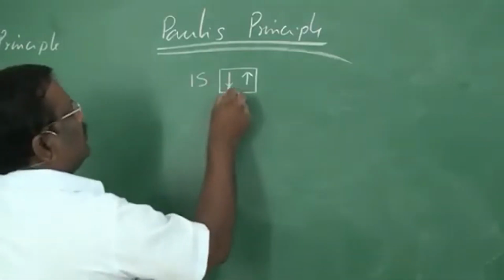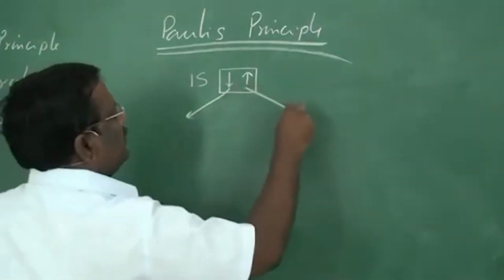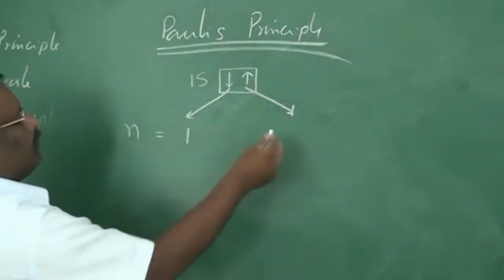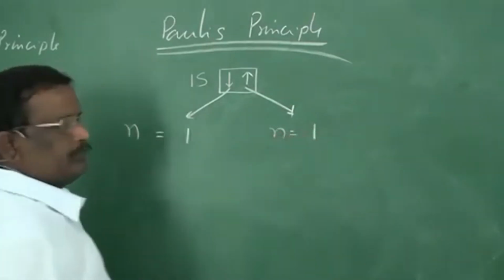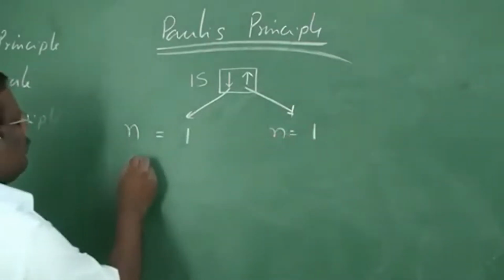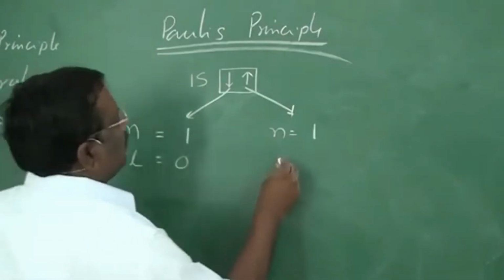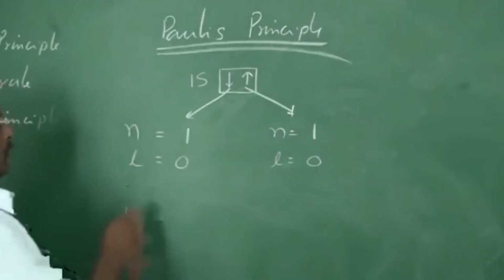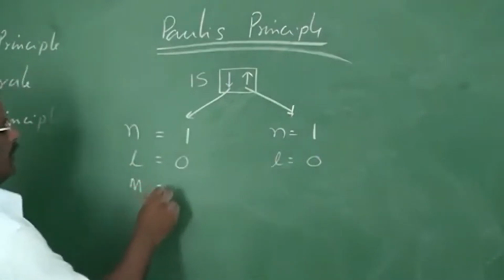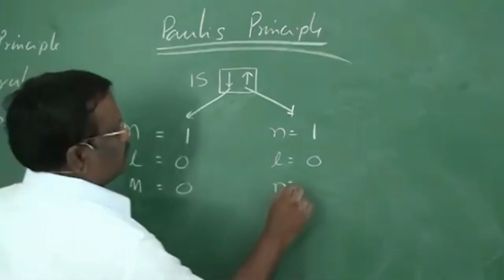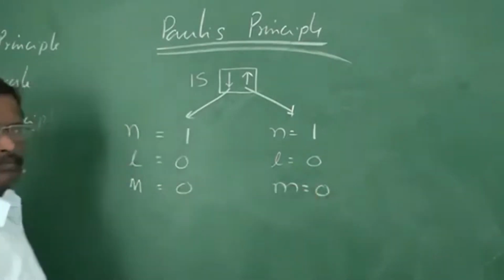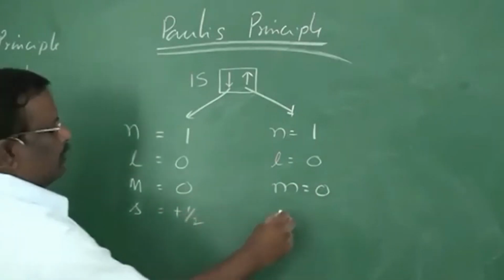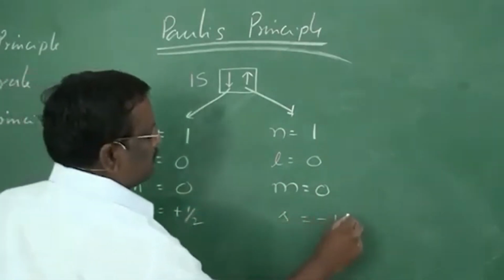For this electron and for this electron, n value: n is equal to 1 for both. l is equal to 0 for both. The m value for this electron is 0, and for this also 0. For spin value, s is equal to plus half, and automatically for the other it is minus half.